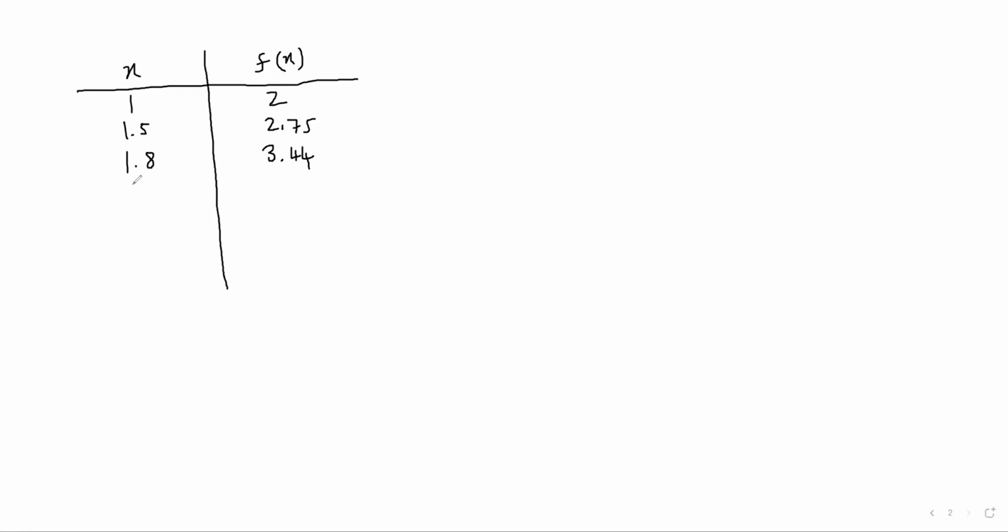Let's now choose 1.9, which is even closer to 2 than 1.8. 1.9 gives 3.71.